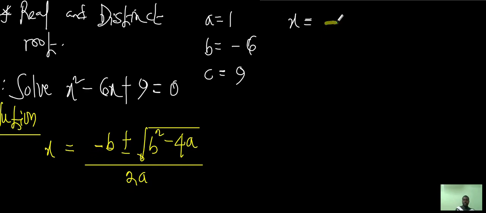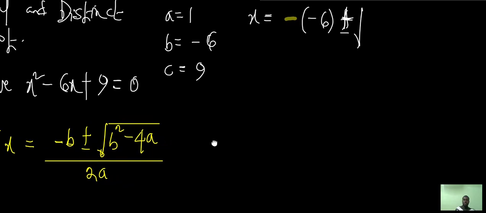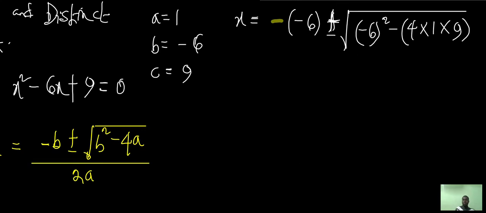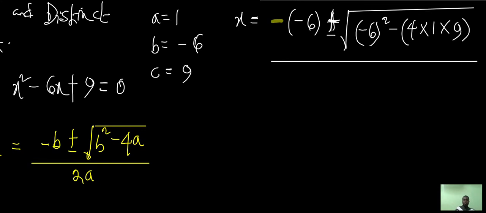Then b itself is negative 6, plus or minus square root of b squared, that's negative 6 squared, minus 4 times a, 1, times c, 9, all divided by 2a. That's 2 times 1, obviously.